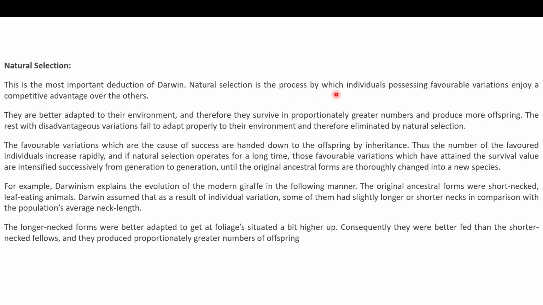Natural selection is the process by which individuals possessing favorable variations enjoy a competitive advantage over the others. These fitter individuals are better adapted to their environment. Therefore, they survive in comparatively greater numbers and produce more offspring, and the rest with disadvantageous traits fail to adapt properly to the surrounding conditions and get eliminated by natural selection.